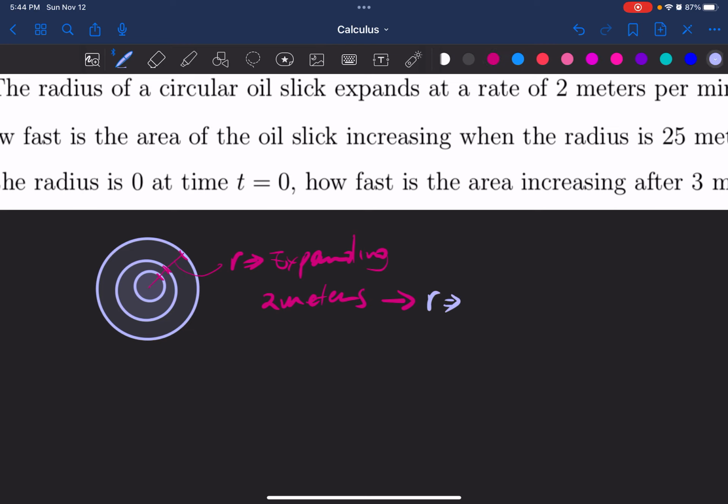The rate of change of something just tells me the slope, how the rise over the run will give me the slope.